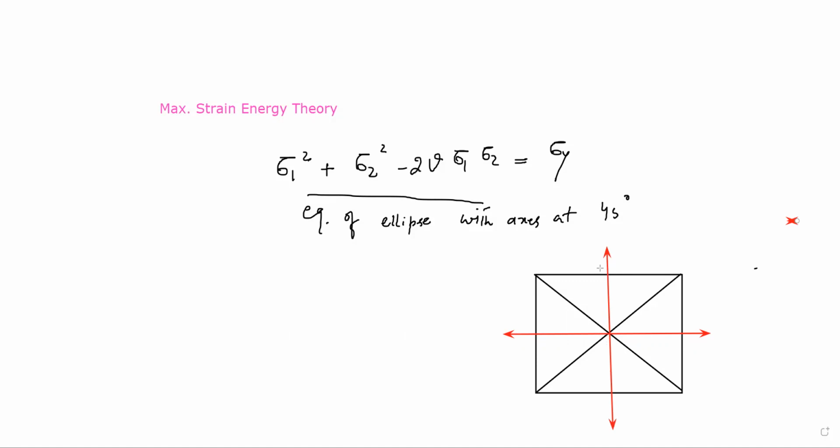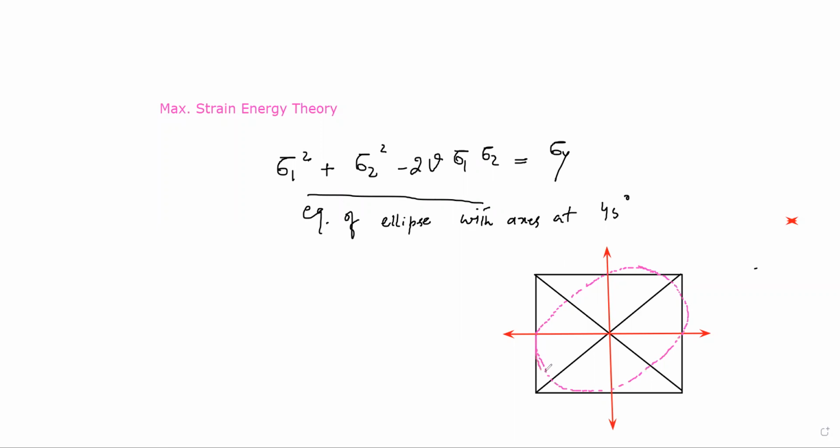Let's draw the ellipse. So the ellipse, if we plot, it will essentially be an ellipse like this.